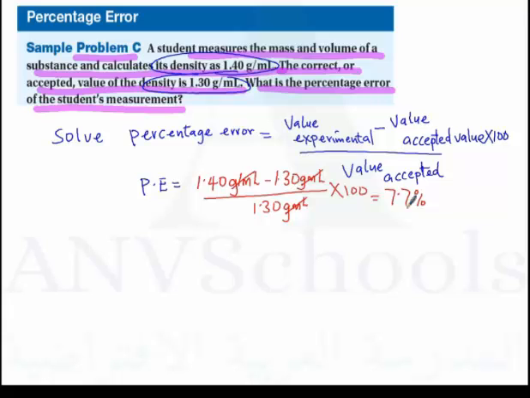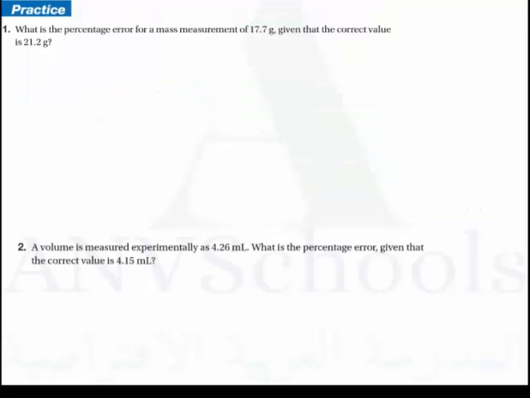Let's look at the next question. Question 1: What is the percentage error for a mass measurement of 17.7 gram given the correct value as 21.2 gram?